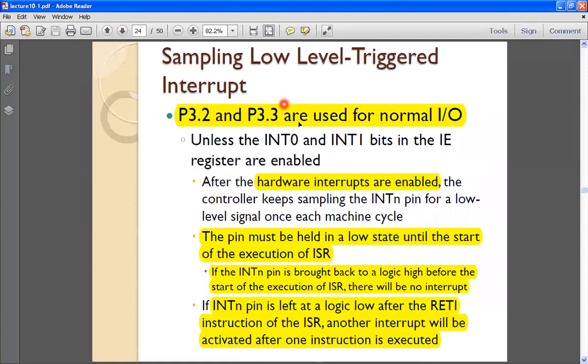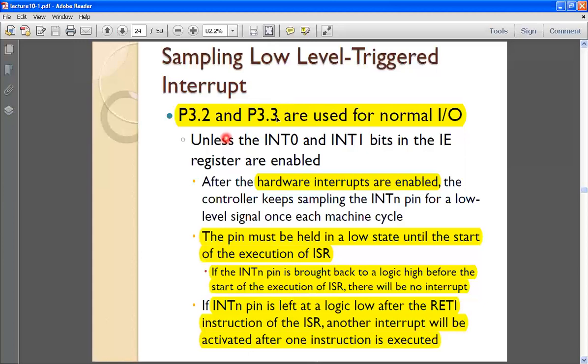So in 8051, when we are using the level trigger, how many times can we accept this low level trigger to avoid malfunction? That is the sampling of the low level trigger interrupt. P3.2 and P3.3 are used for normal input output, and also for external hardware interrupt.